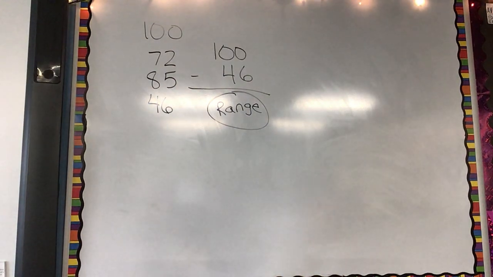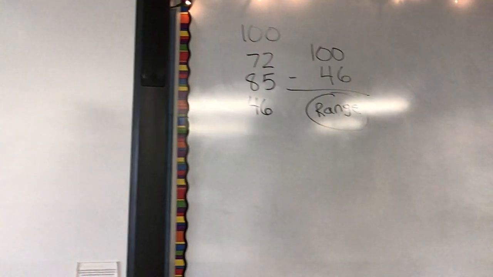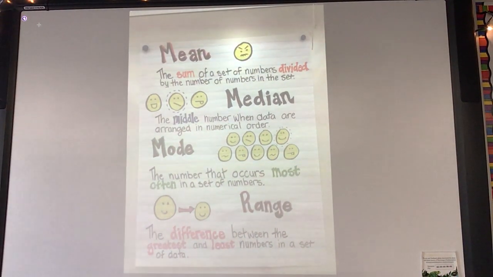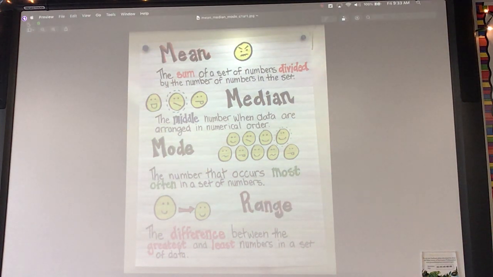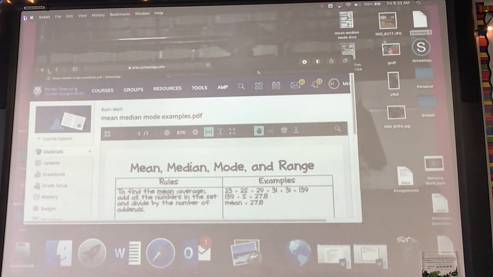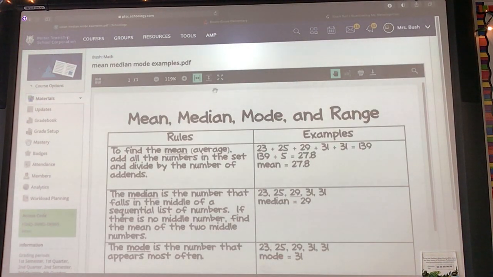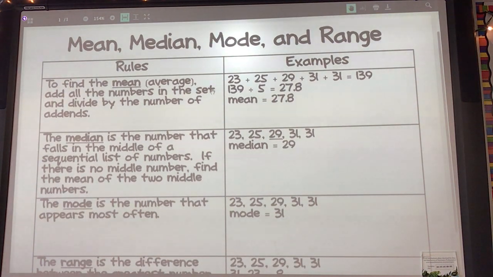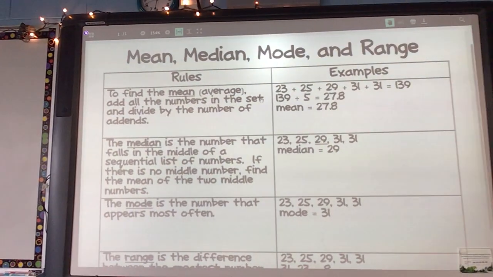All right, let's look at some good examples. So I'm going to pull up on Schoology. All right, this is also on Schoology, and I would recommend saving this to use as you're doing your homework.